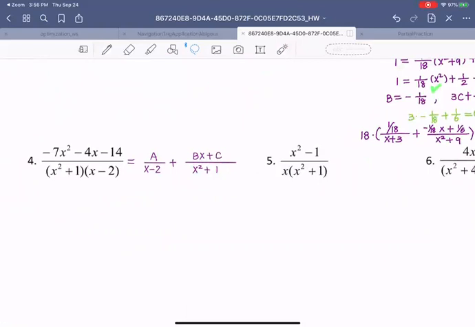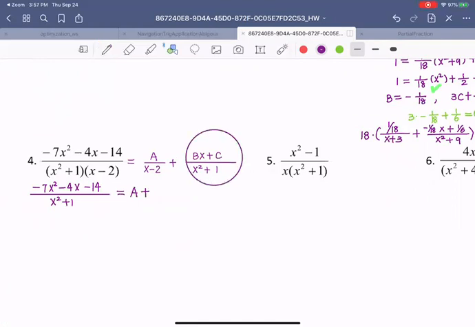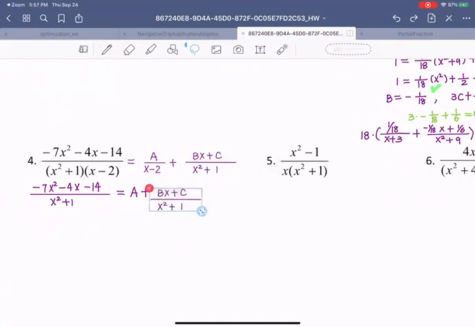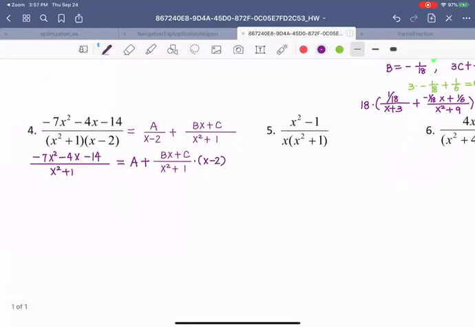And then I'm going to times x minus 2 for each side. Yeah.